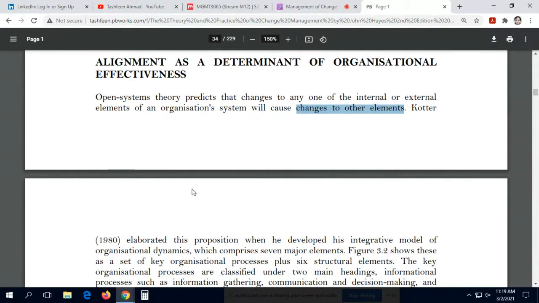So what they are trying to say is that things are linked with each other. So when there is one change in an area, you need to be mindful of that.